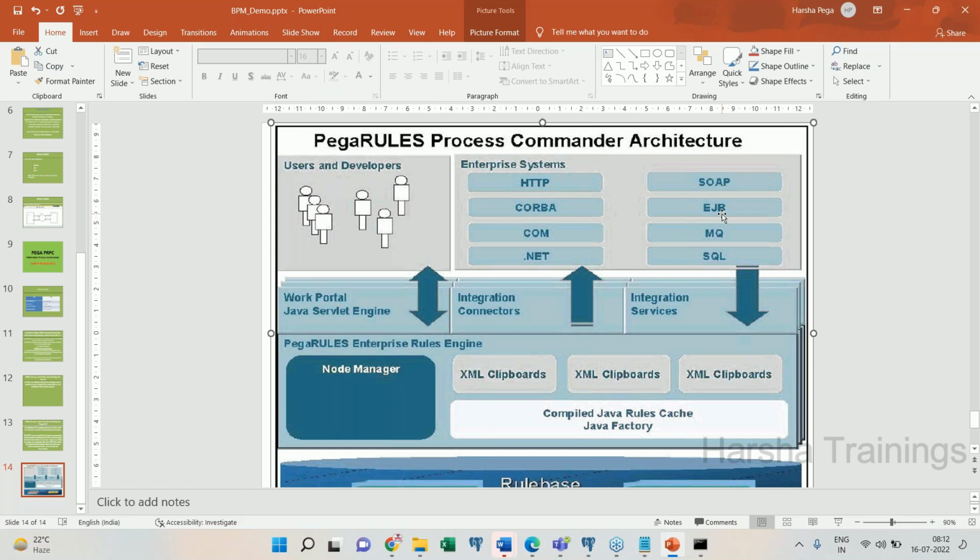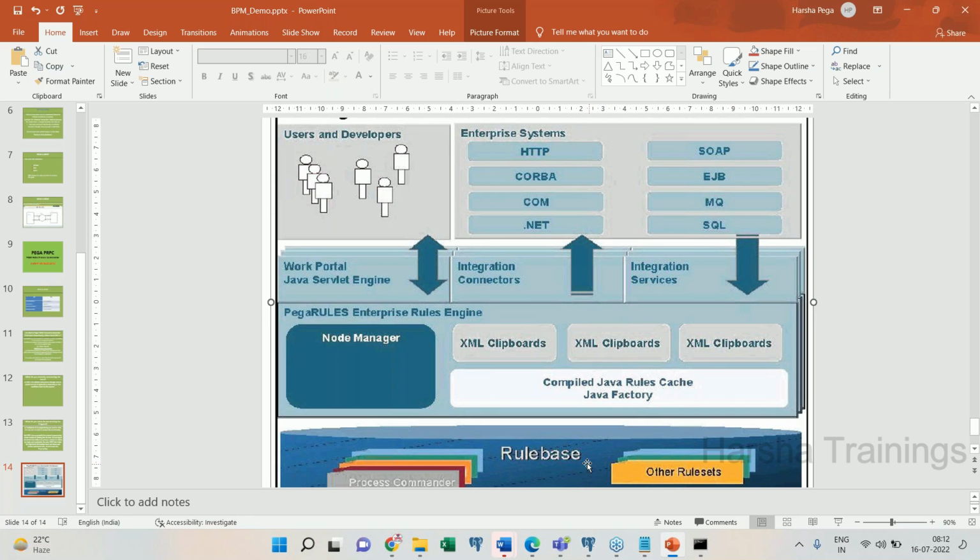So at a high level, in the architecture of the Pega Rules Process Commander environment, we have rules, rule base, process commander, Java compiler, XML clipboards, logins and users, and architecture for supporting web services and their protocols. Pega Rules Process Commander is called a BPM tool because it is built based on BPM methodology.